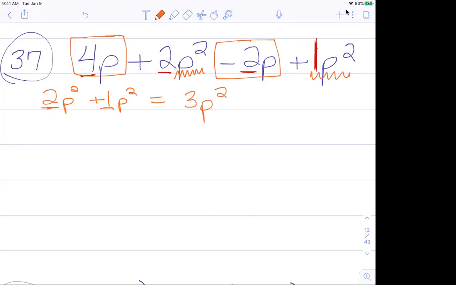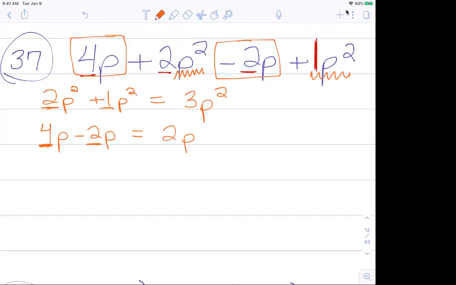So notice the difference. P squared is a like term, and the ones that have the p's are like terms. So the letter and the little power at the top, that exponent, they have to be the same. So when I combine these together, I'm doing just the numbers, 4 minus 2, and then the letter just kind of tags along for the ride.